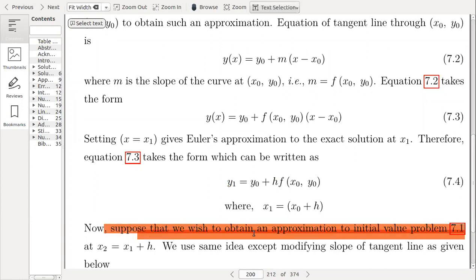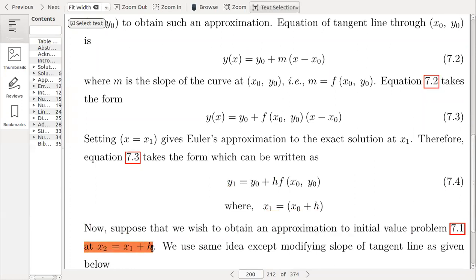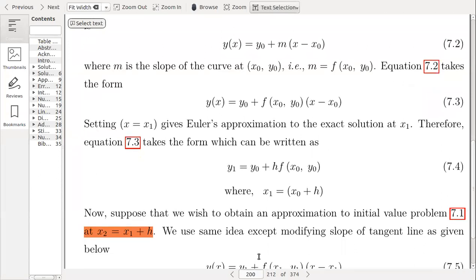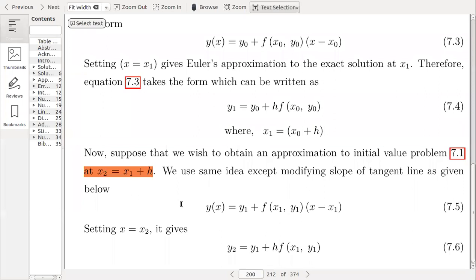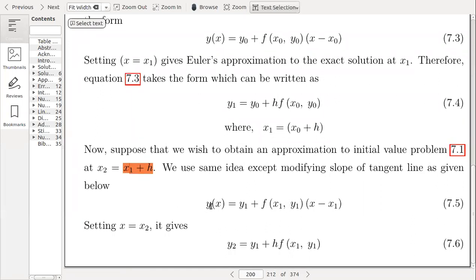Now suppose that we wish to obtain an approximation to the initial value problem at x2 equal to x1 plus h. We use the same idea, except modifying the slope of the tangent line as given below. If we want to calculate the Euler approximation at the next point, which is x1 plus h, then y of x can be written as y1.